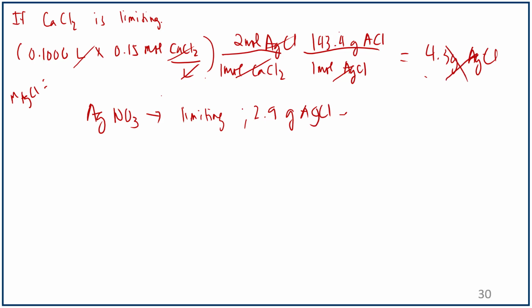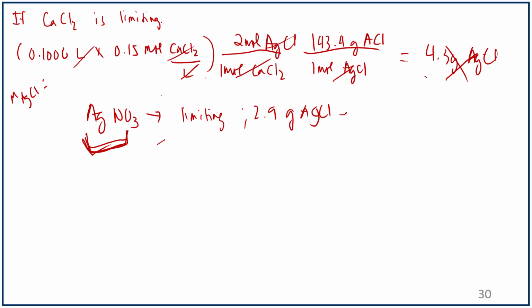Now, you're asked here also for the concentration of ions. You should know that even though silver nitrate is the limiting reagent, the only active part in the formula of silver nitrate, the ion responsible for the formation of silver chloride, is the silver ion. Nitrate, even though it's part of the salt, does not really participate in the reaction.